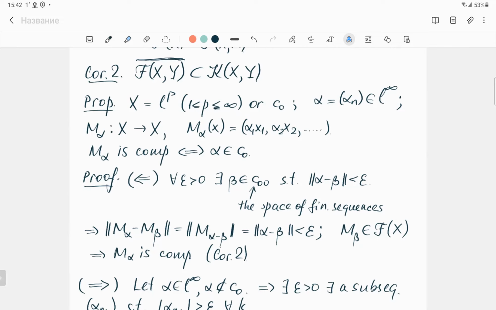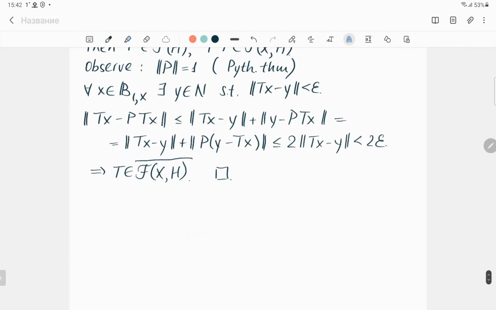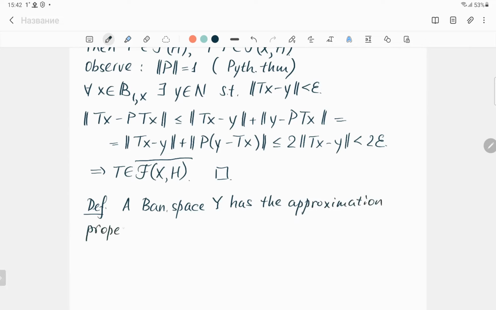The first man who systematically studied the approximation problem was Grothendieck, and he introduced the following definition. A Banach space Y has the approximation property, AP for short, if for each Banach space X, the following equality holds.